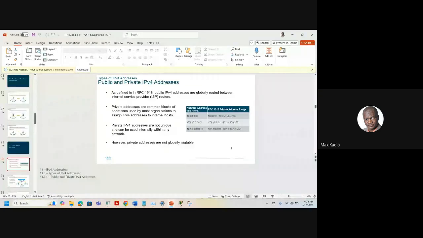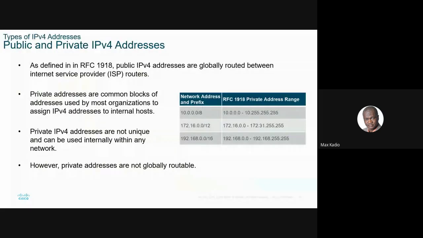So this one is for private IP addresses. For class A, any IP address starting with 10, between 10.0.0.0 and 10.255.255.255, any IP for class A starting with 10 is a private IP.